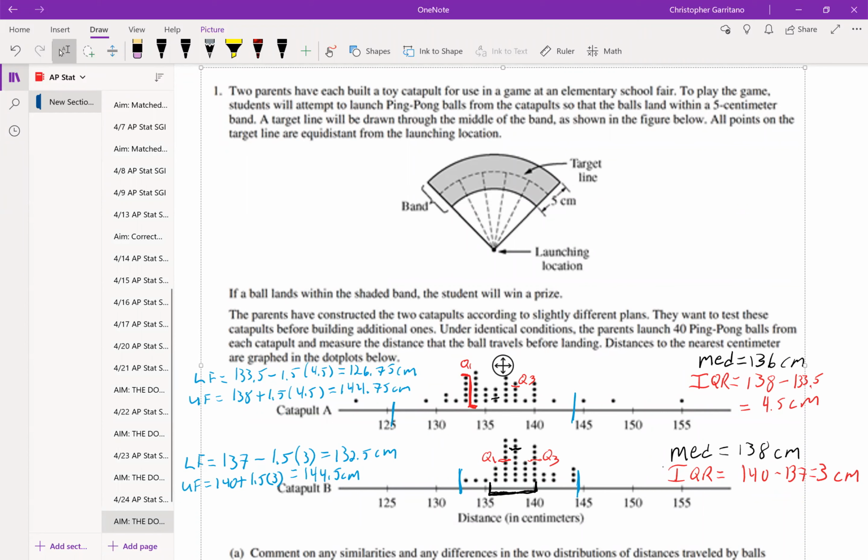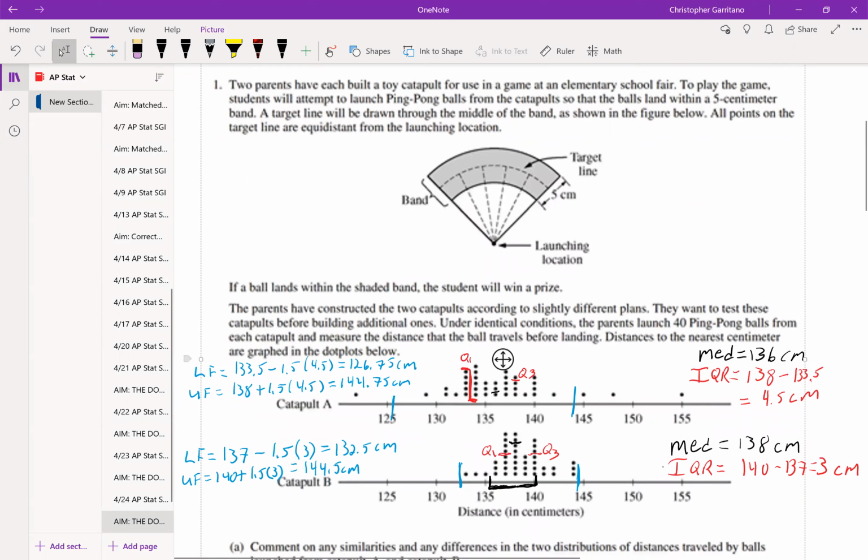We actually have two distributions of data, catapult A and catapult B. The task, of course, will be to compare these distributions and then make decisions based off of the distribution that we're seeing.